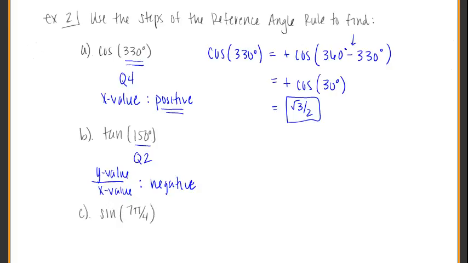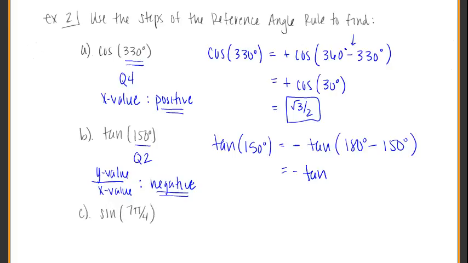Okay, our rule says the tangent of 150 degrees is going to equal the negative tangent, and insert our reference angle rule. In quadrant 2 it says we're going to take 180 degrees and subtract off what we're starting with, which is 150. So the tangent of 150 is the same thing as the negative tangent of 30 degrees.